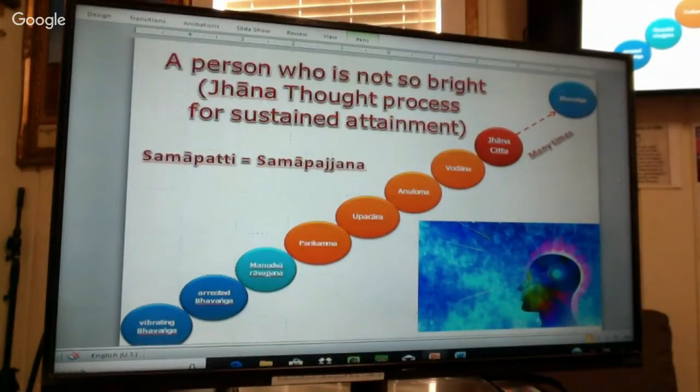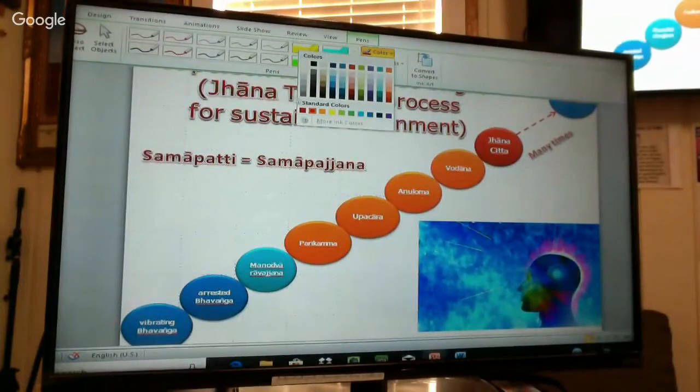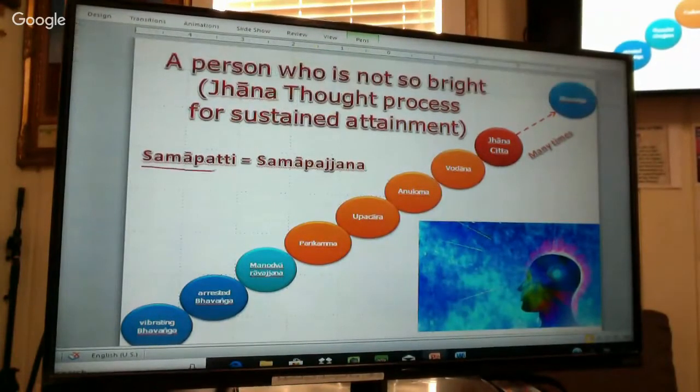At that stage we call it in Pali Samapati or Samapajjana. This is a sustained attainment. So at that time, jhana chitta arises many times. So we call it jhana samapati, because this is only jhana.